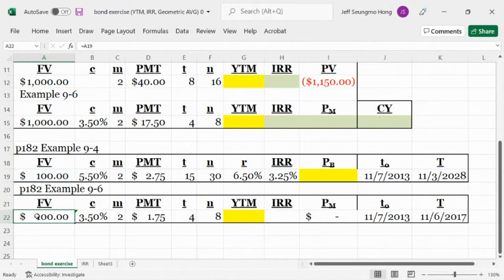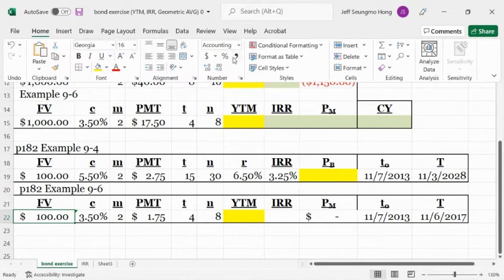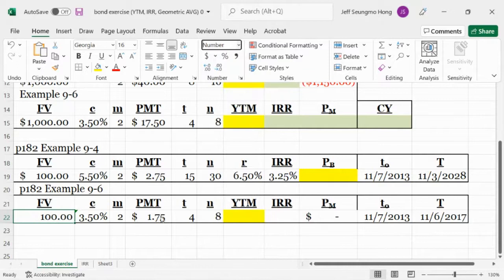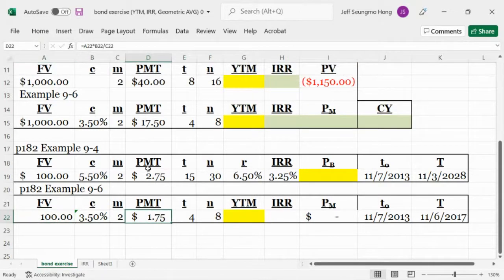Can face value be $100? I mean, something's not right. Face value $100? No, actually, this is $1,000. But why is it listed as $100? Maybe I better remove the dollar sign. Let's say just the number, not the dollar sign.